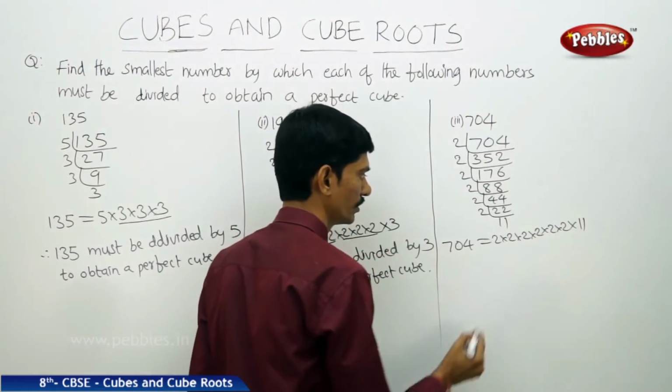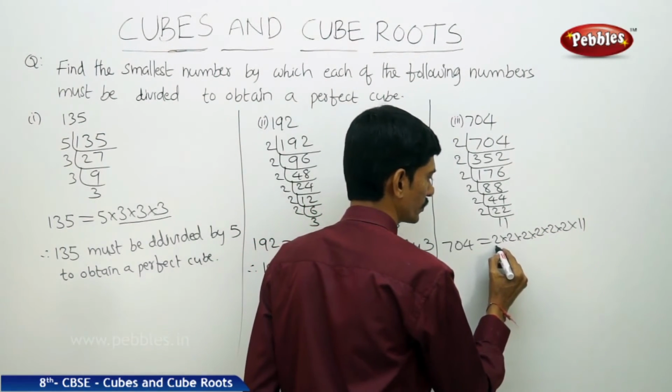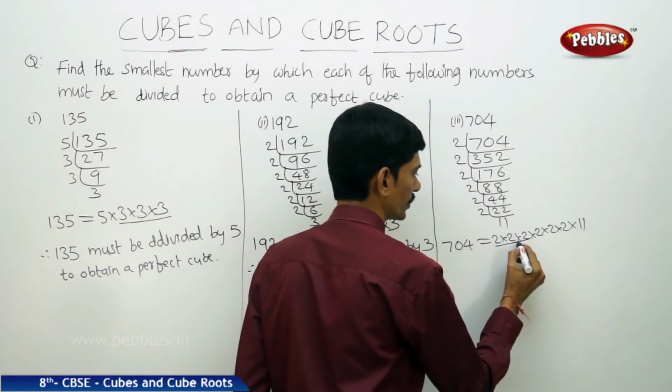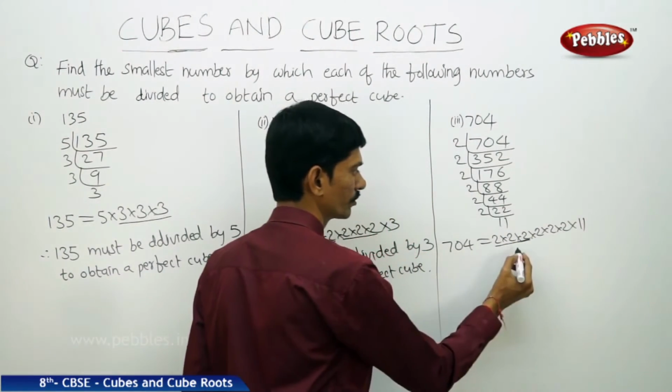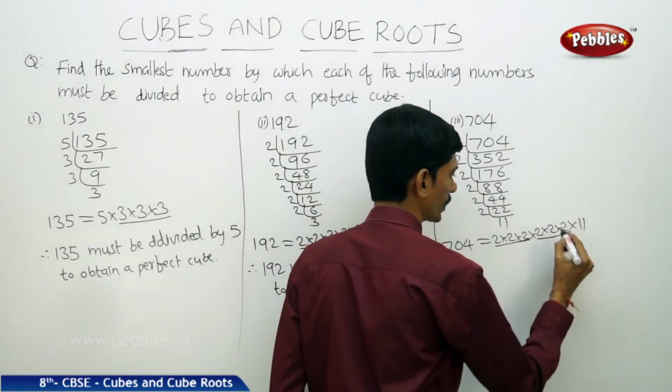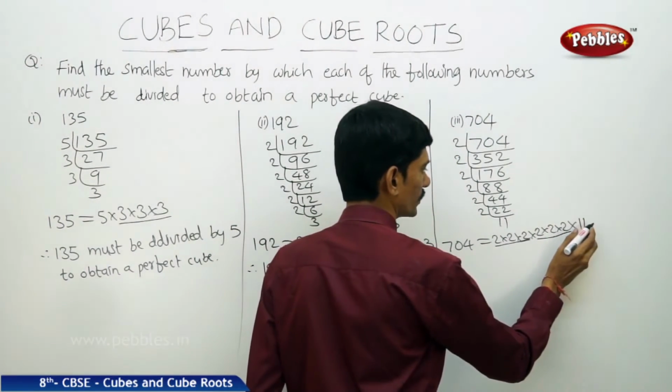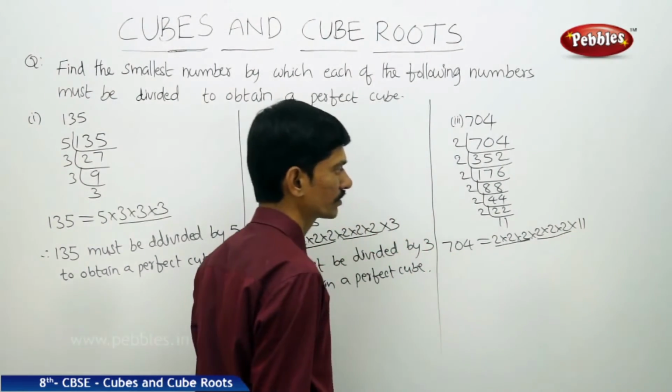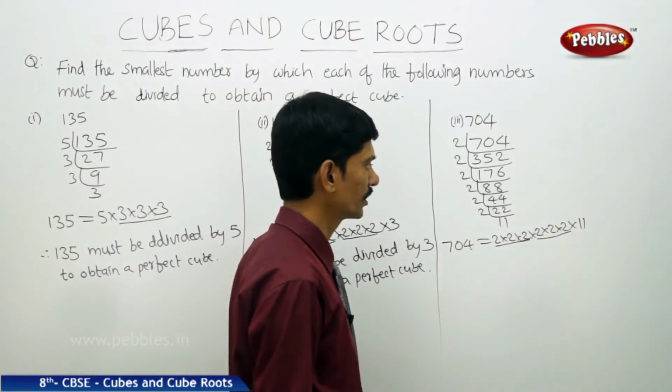6 2's and 11. Here 3 2's can be made a group, and again 3 2's can be made a group, but here 11 is left, means 11 does not appear 3 times.